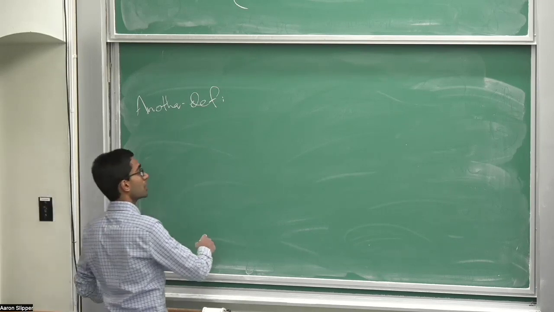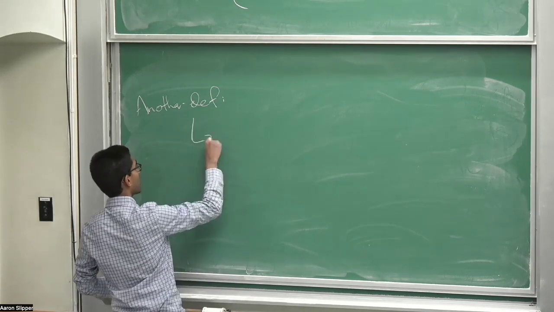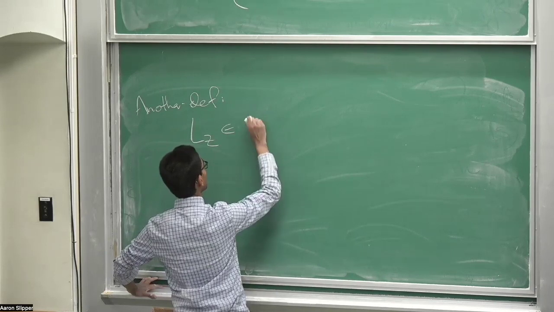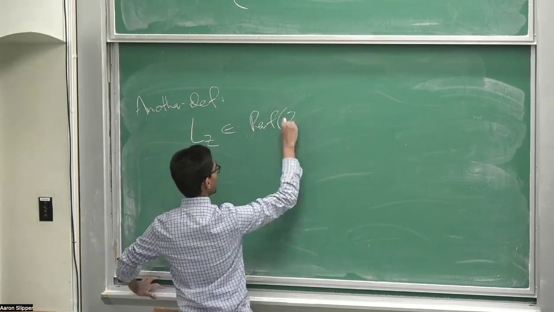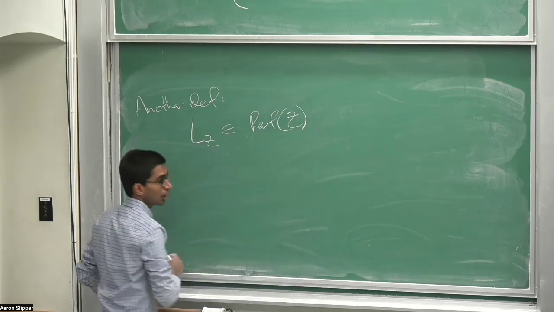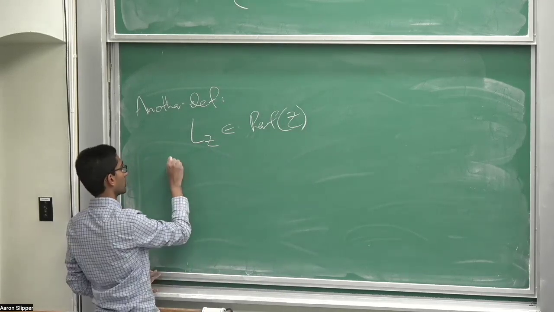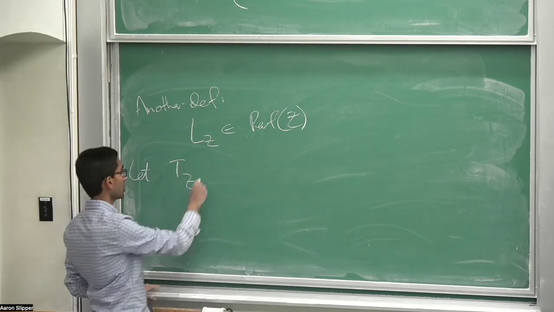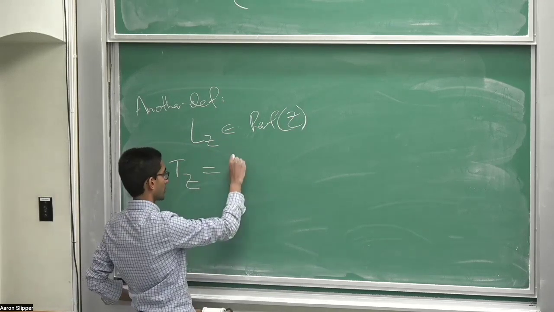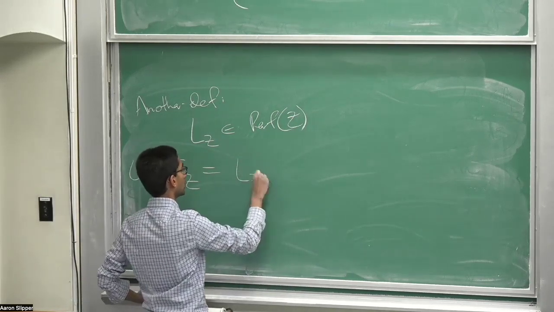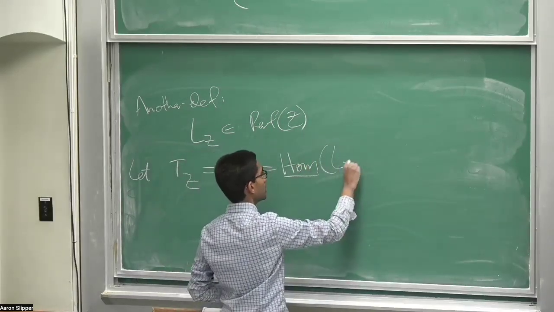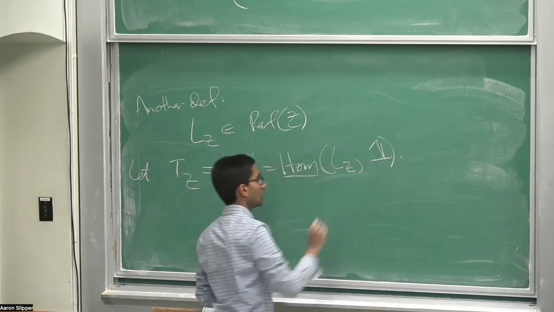Another definition: we have the cotangent complex of V, in degrees 0 and -1, and we could also let the derived version of the tangent space be just the linear dual of this.